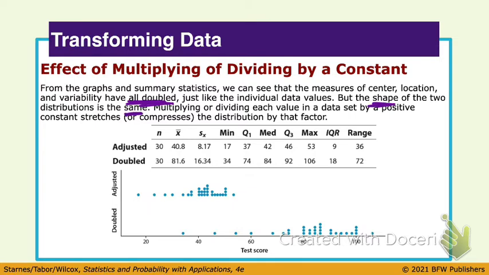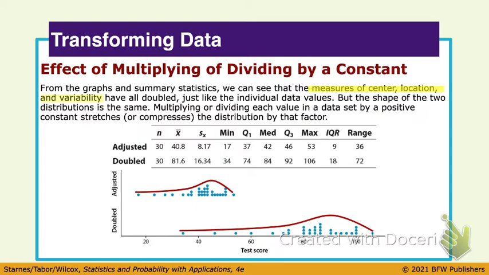Multiplying and dividing is not going to do anything to the shape. It just stretches or compresses the data. In that top graph, the adjusted graph, I do have a left skew. Whenever I multiply by 2, I just stretch the left skew out. So they're both still left skewed, even though one of them is more stretched out than the original.